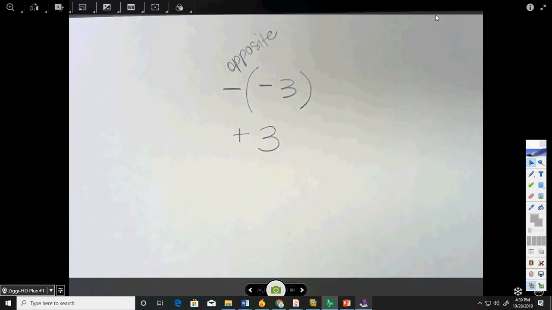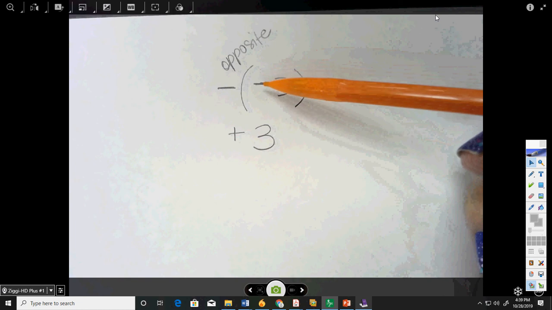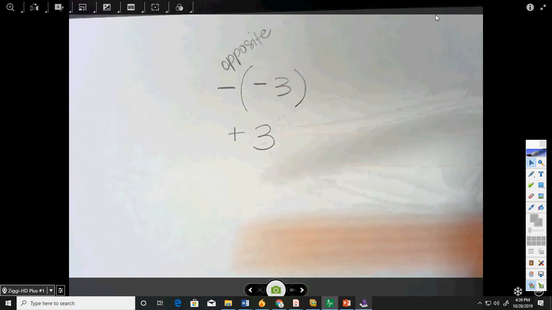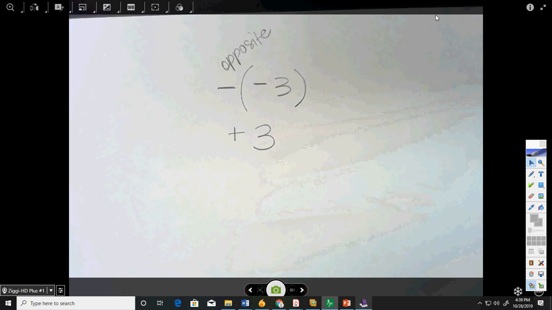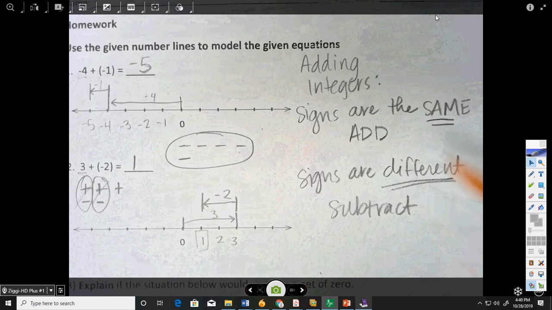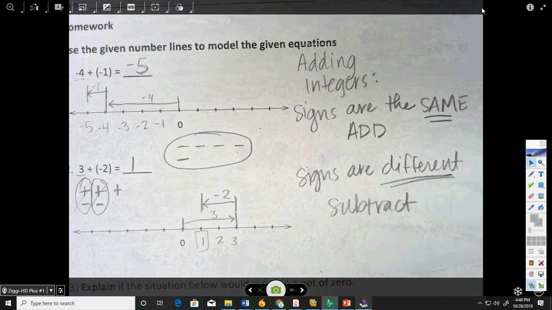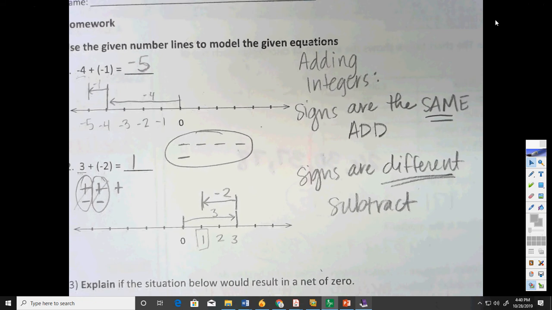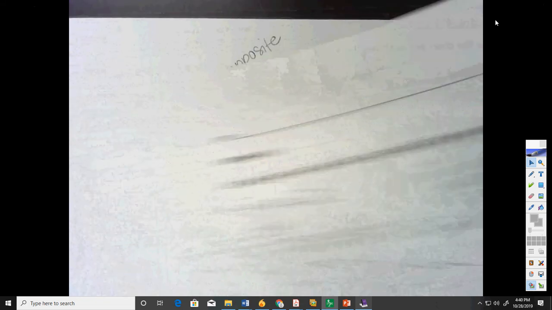What happens with subtraction is, since this is the same as a +3, we make our subtraction problems addition problems so that we can use the same rules that we already know. We just turn them all into addition problems. And we do that by using the additive inverse property and adding the opposite.